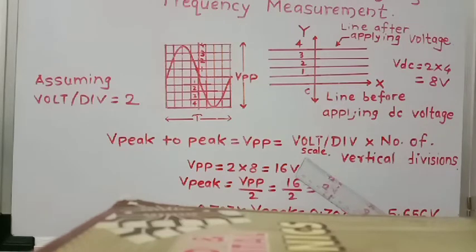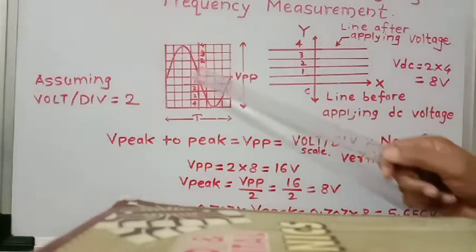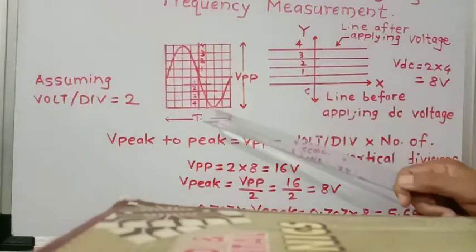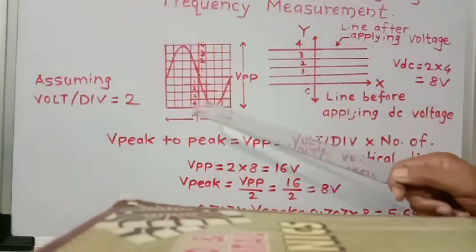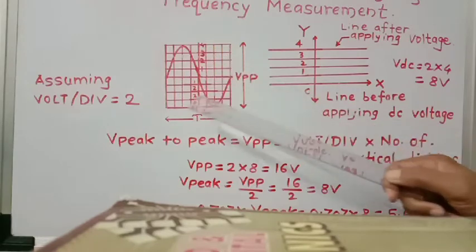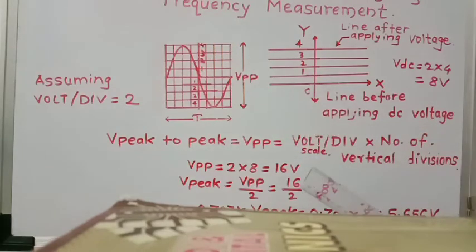Then the volts per division knob is properly adjusted in such a way that a steady sine waveform is obtained on the screen of the CRT.